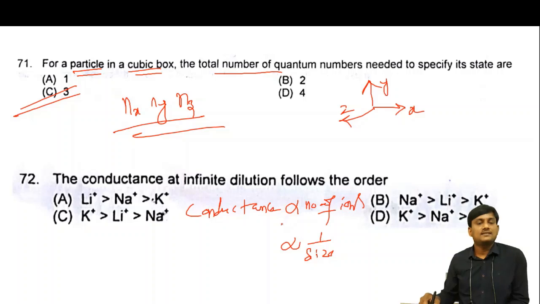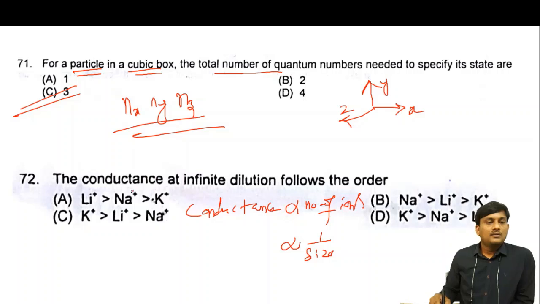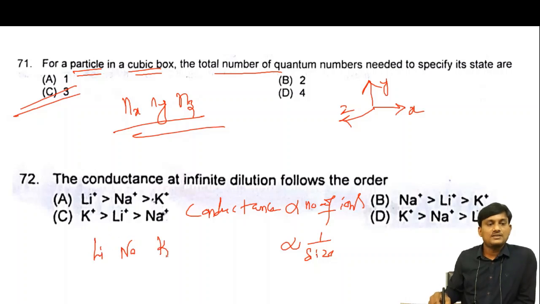Lesser the size, more the conductance. As the size decreases, the movement of the particle increases. So there is an increase in conductance. Okay, in the case of lithium, sodium, potassium.